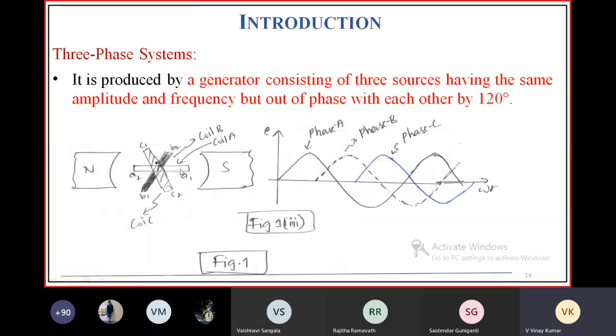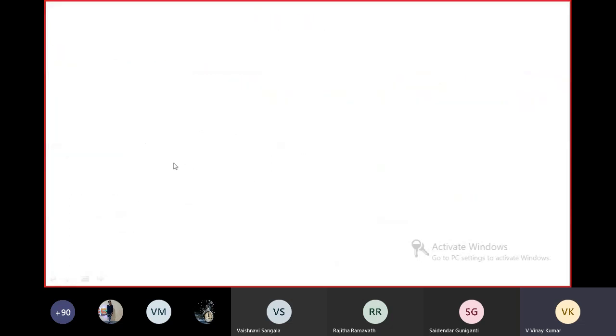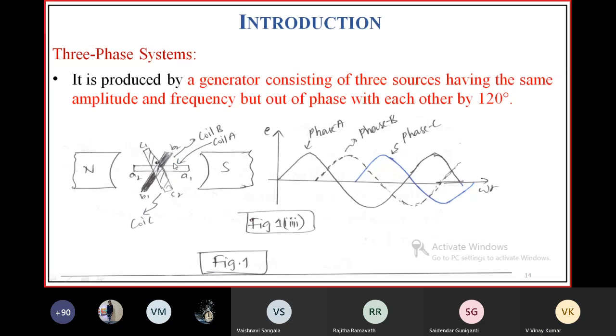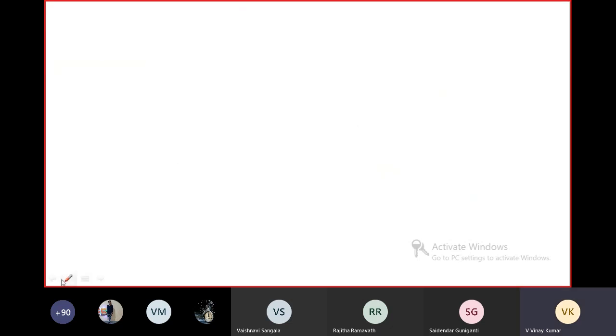If this is coil 1, with the magnetic field, north pole, south pole. This is coil 1, this is A, A dash, A double dash.